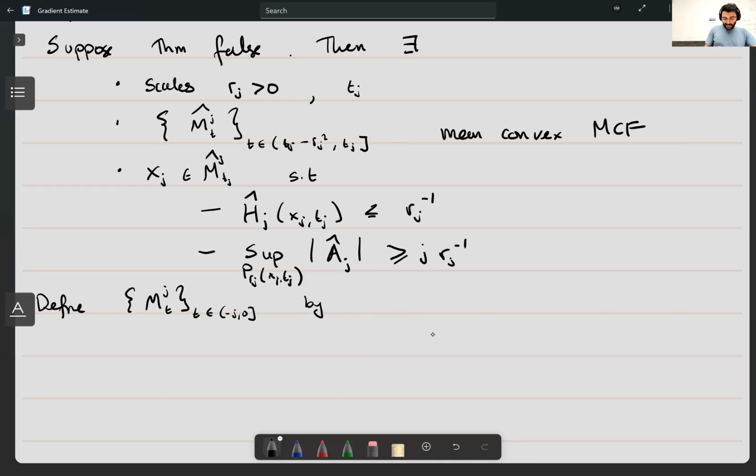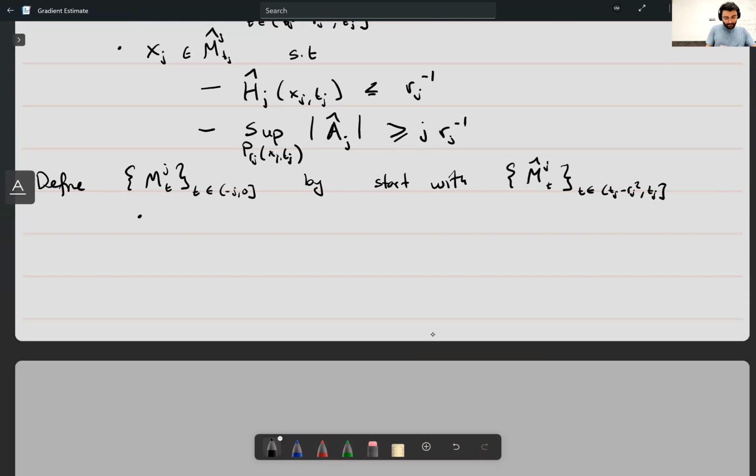The way I get Mj is we start with the surface M hat j, t in tj minus rj squared, tj. Okay, so now let's start by just doing a standard blow-up sequence. So I translate the points xj, tj to the space-time origin.